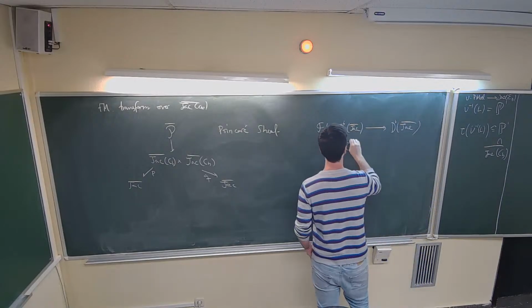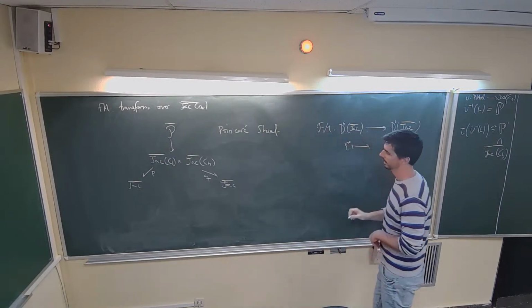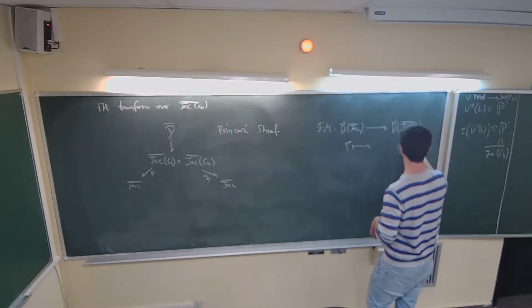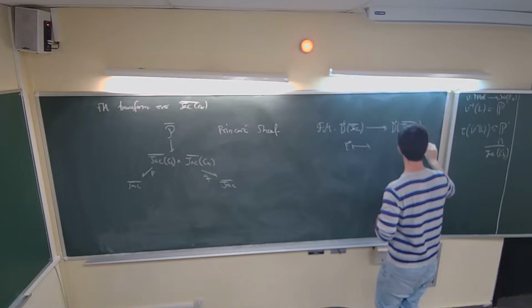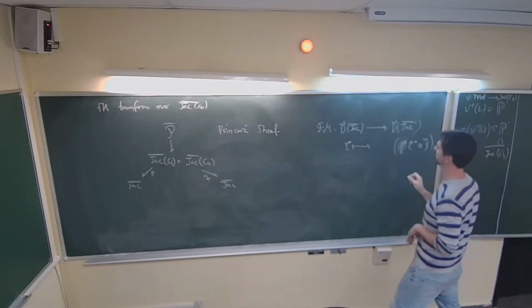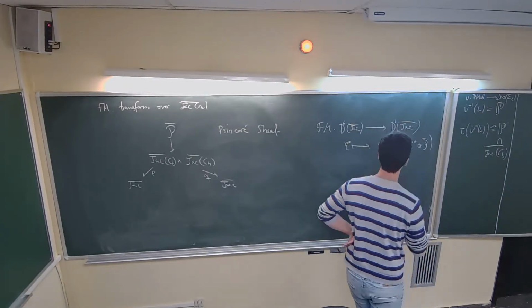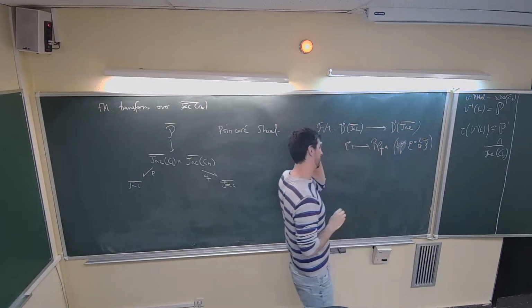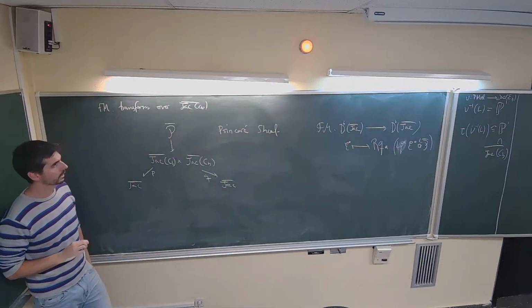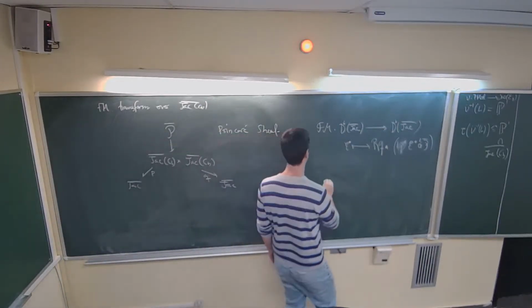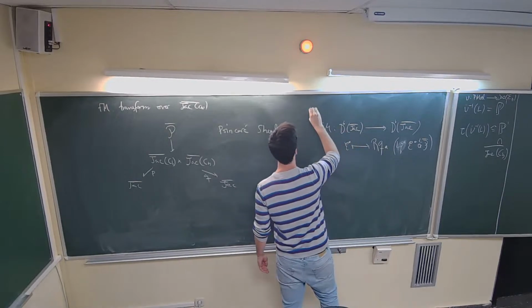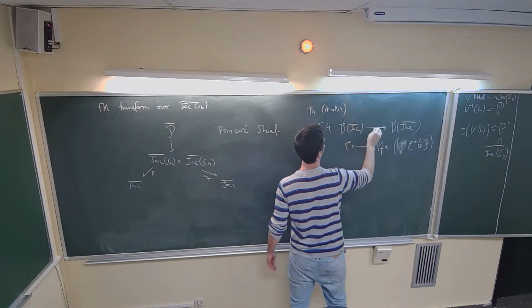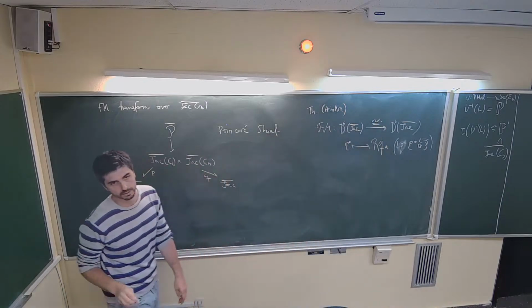Just by sending a complex here to the pullback under P of this complex, tensorized by the Poincare sheaf, and then taking the push forward. Everything is derived, so I should be using the appropriate derived functors. And one can show that this is an equivalence of categories. Okay.